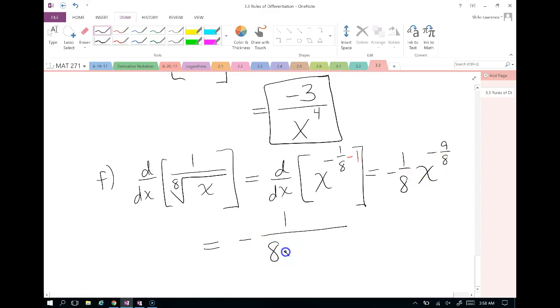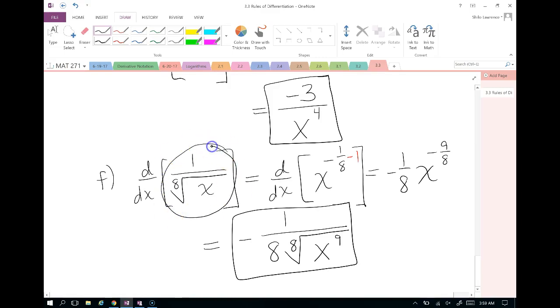And then the x is going to be inside of an 8th root, and it has a 9th power. That is our derivative. That is the formula we would use to find tangent slopes on the graph of this function. Much easier and faster than going through that whole limit definition.